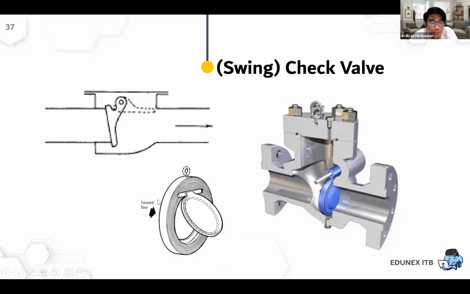If the fluid is flowing from left to right, then the fluid can flow, right? But if for some reason the pressure at the right is higher than the pressure at the left, the fluid will flow back. That's what we call backflow. If you have backflow and you do not want it to happen, then you install a check valve. It will close if the flow comes from the right to the left direction.